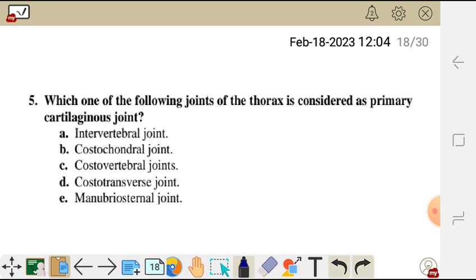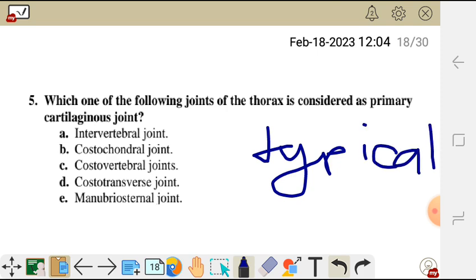I mentioned earlier about the typical and atypical joints. Those joints can be primary or secondary cartilaginous. The primary one is a typical joint, and the atypical, which starts with A here, is what we call a secondary joint.